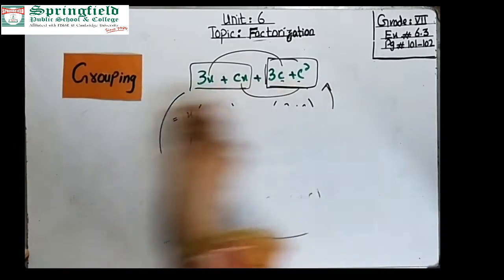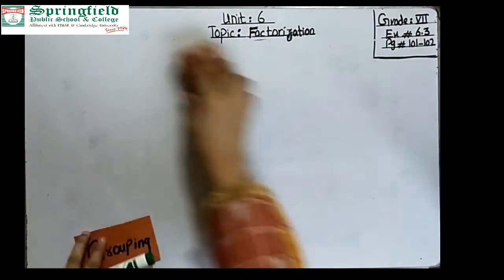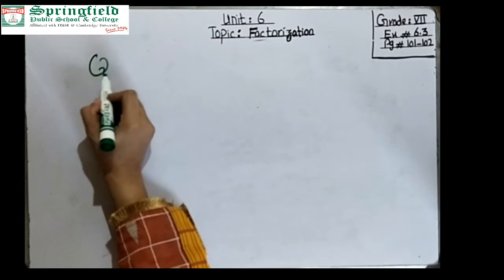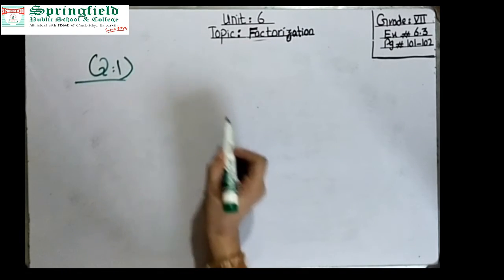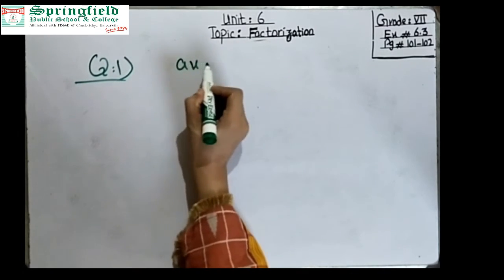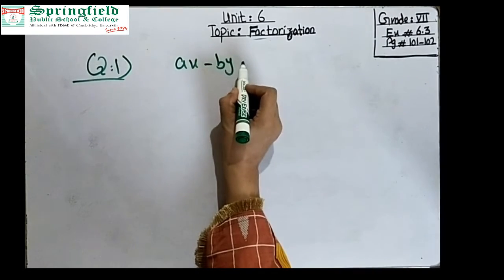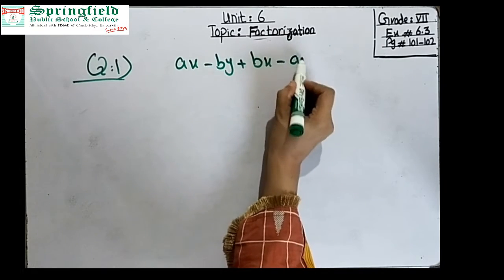Now come to exercise 6.3, question number 1. They are saying to factorize by grouping: ax minus by plus bx minus ay.